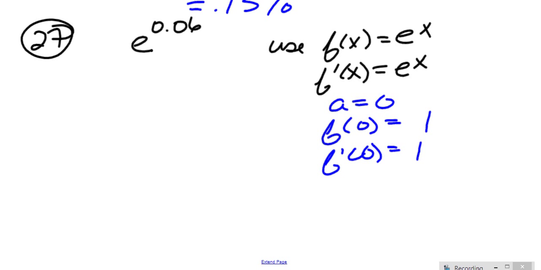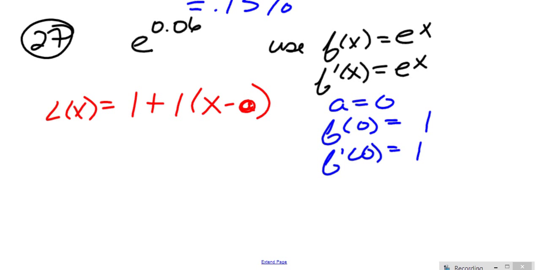So we're going to write a linear approximation using what we found. f of a is 1. Our slope, f prime of a, is 1, times x minus a, which is 0. And we get the approximation 1 plus x.